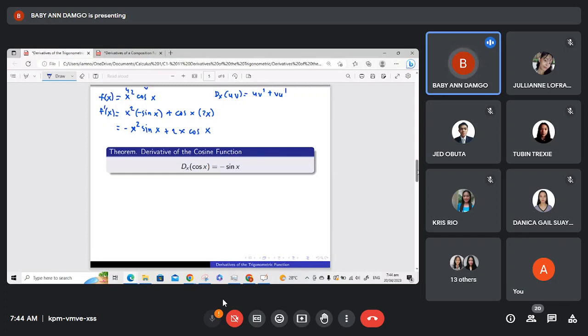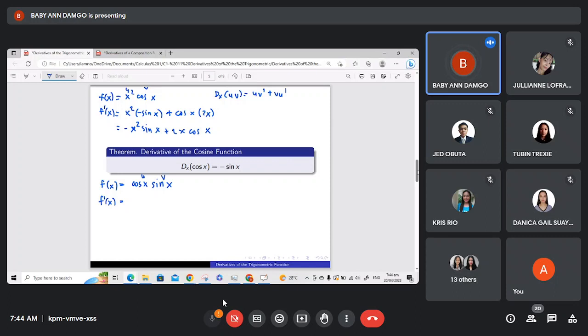So, another example. Cosine x sine x. Okay? So, same gihapon, ato ning gamiton nga rule. So, product rule. So, ang derivative ani, so this is your u, and then this is your v.